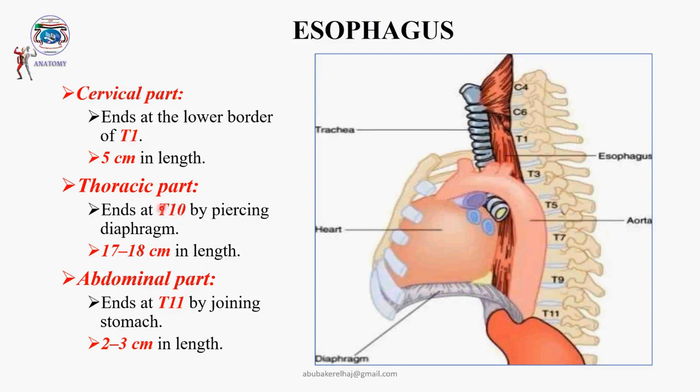The thoracic part is the longest part, about 17 to 18 centimeters, and terminates at the level of T10 during the passage through the diaphragm. The cervical part extends from the pharynx downwards to the level of T1, about 5 centimeters in length.